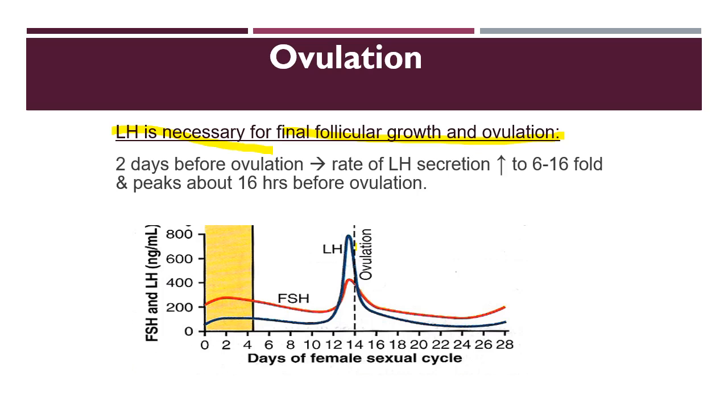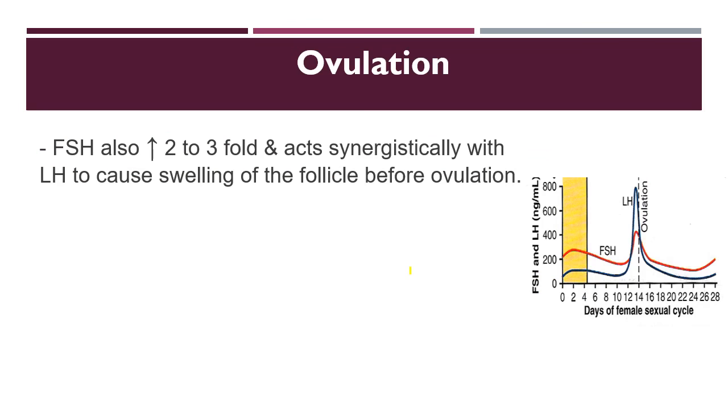So 2 days before ovulation, the rate of LH will increase significantly and peak 16 hours before ovulation. As you can see here, LH hormone peaks just before ovulation. Also, FSH increases up to 2 or 3-fold and acts synergistically with LH.